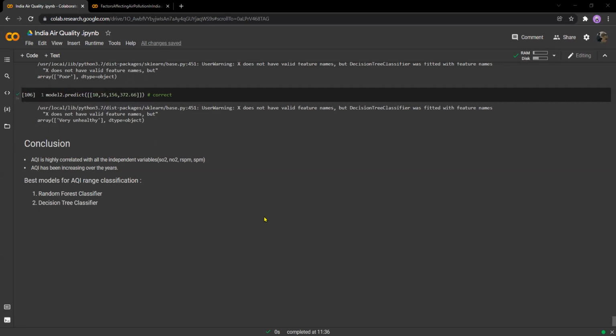So now we can conclude that the air quality index depends upon SO2, NO2, RSPM, and SPM, all these variables. So that is it from my side.